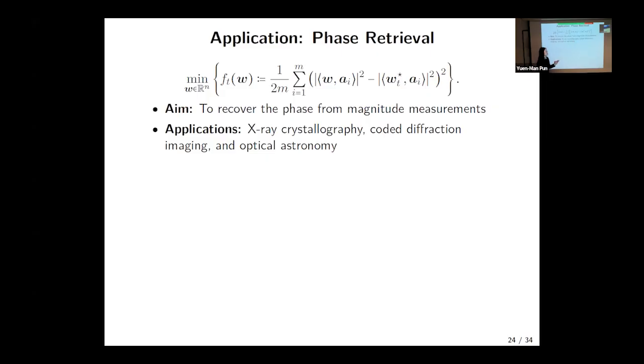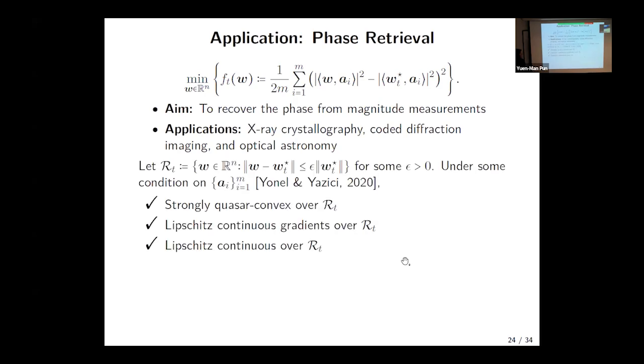And in the time-varying setting, we assume that the ground truth W_t star is changing over time. So we have to do everything locally. We assume there's some region R_t, and then under some condition on the signal vectors, we would have strong quasar-convexity with Lipschitz continuous gradients and Lipschitz continuous over this region.